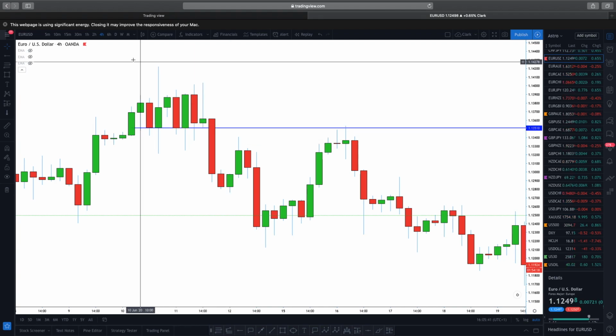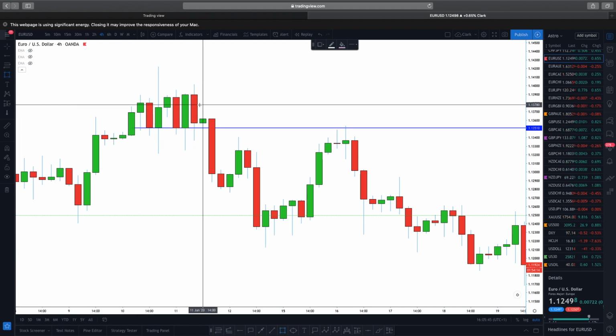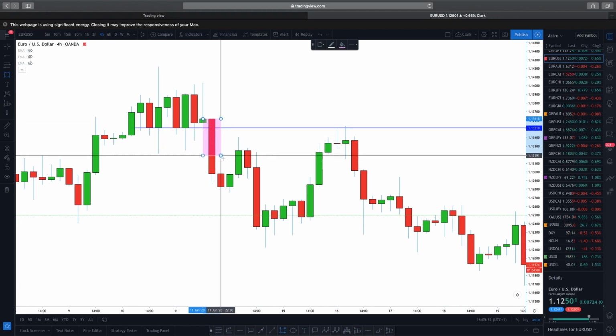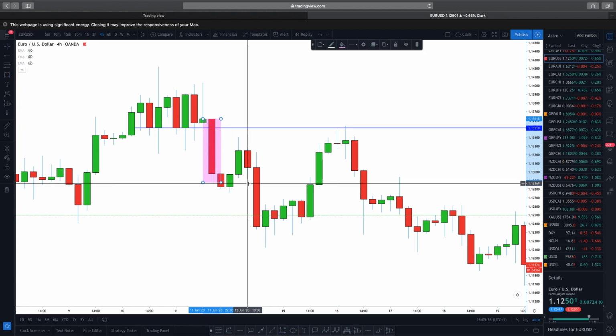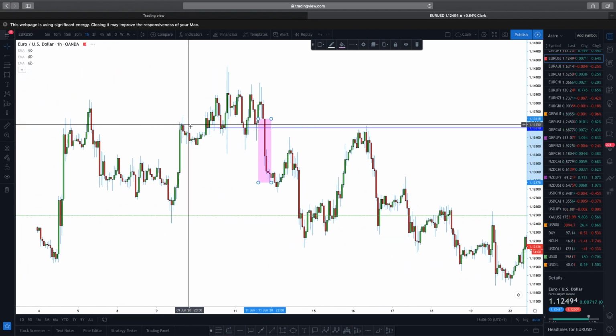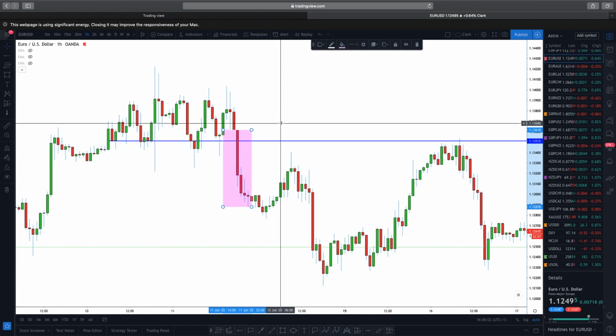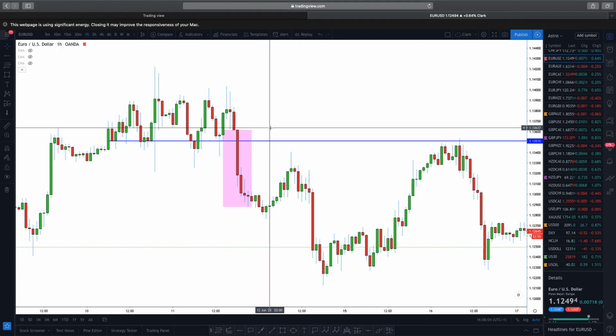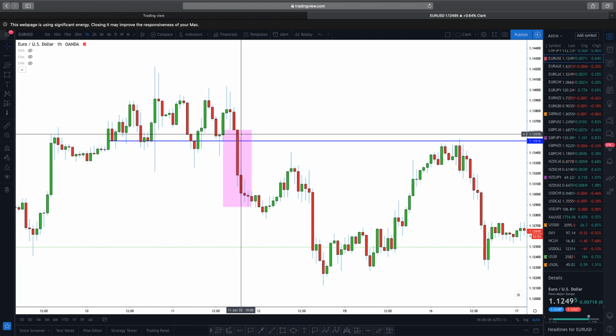So let's look a little deeper here on the 1-hour chart and how we're going to find it. Here is, I'm going to draw a little box all the way down this 4-hour candle and see if we can find an area where we could have taken a trade. All right, so you see the 4-hour candle here.